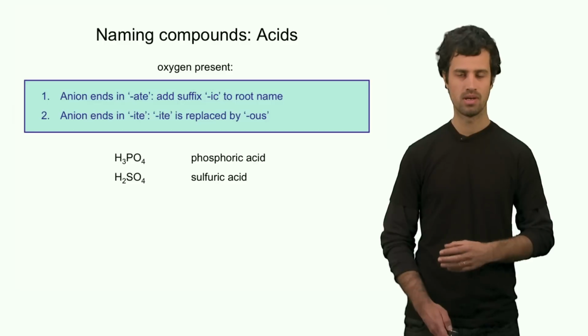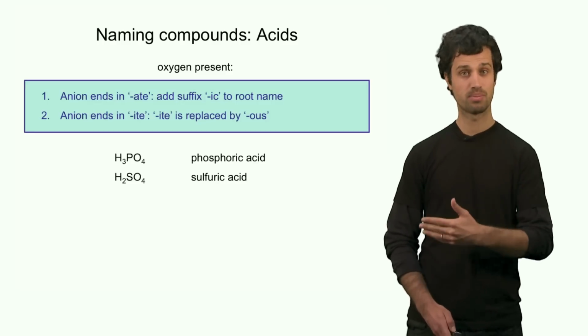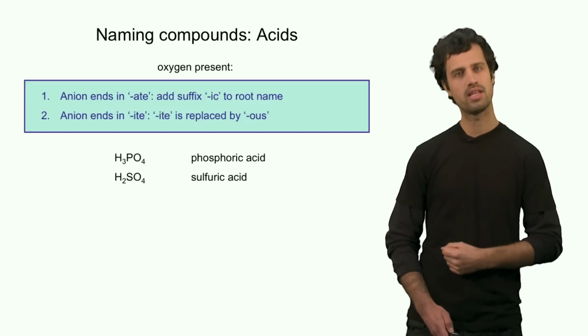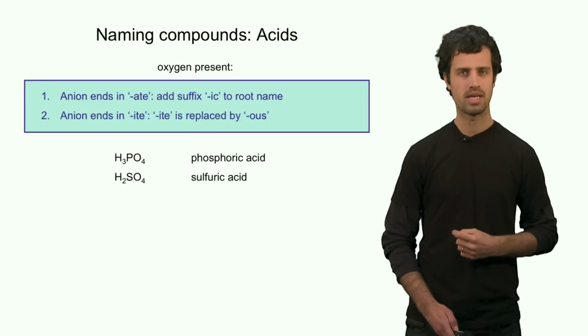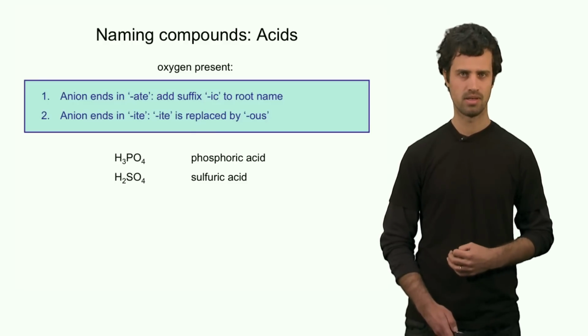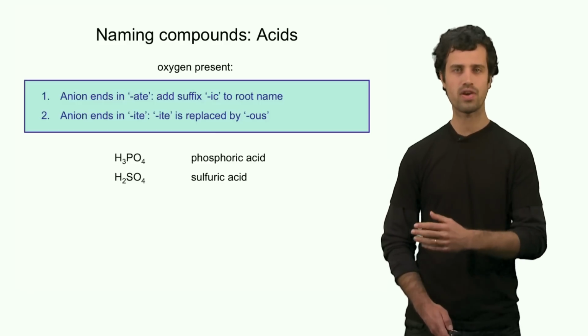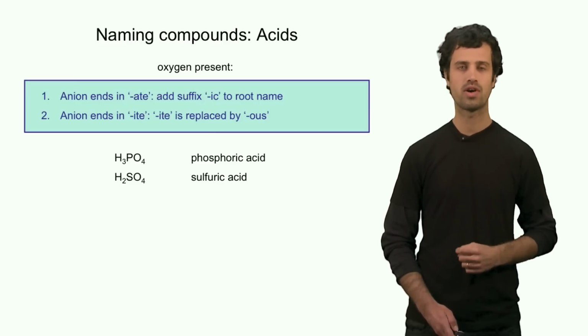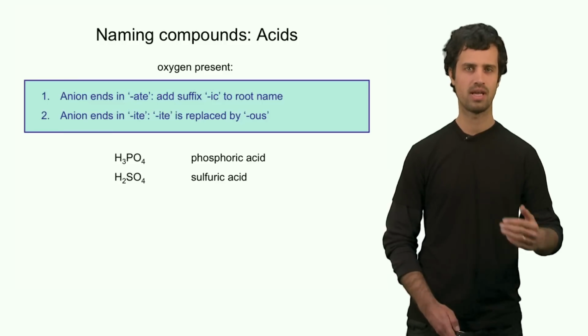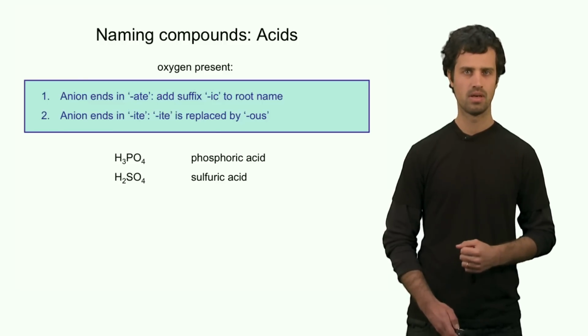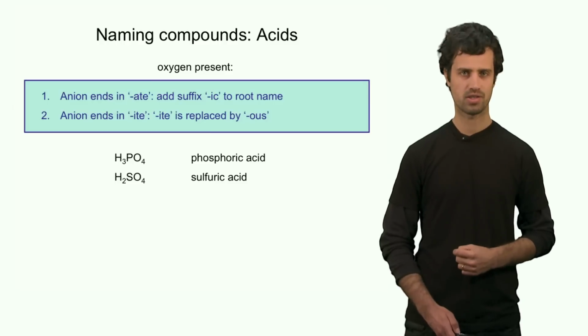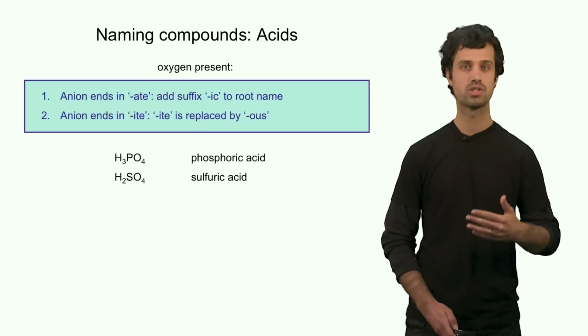For instance, here are two acids. They start both with an H. The anion in the first example is a phosphate anion. Phosphate ends in ate, so this becomes phosphoric acid. Note that phosphate is a polyatomic anion. The second acid also has a polyatomic anion, which is called sulfate.